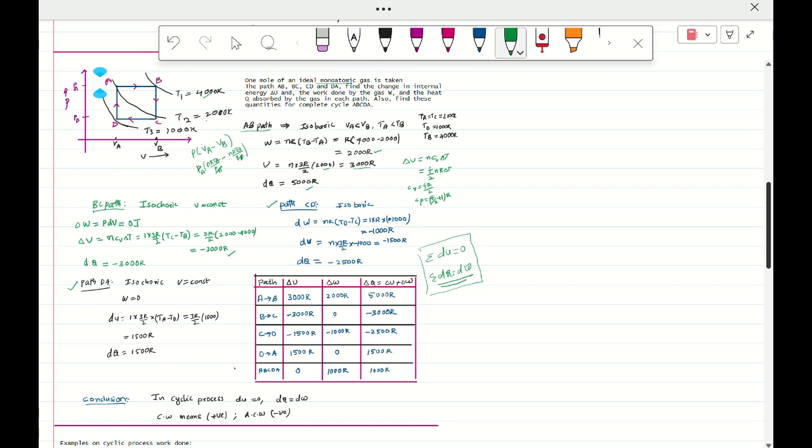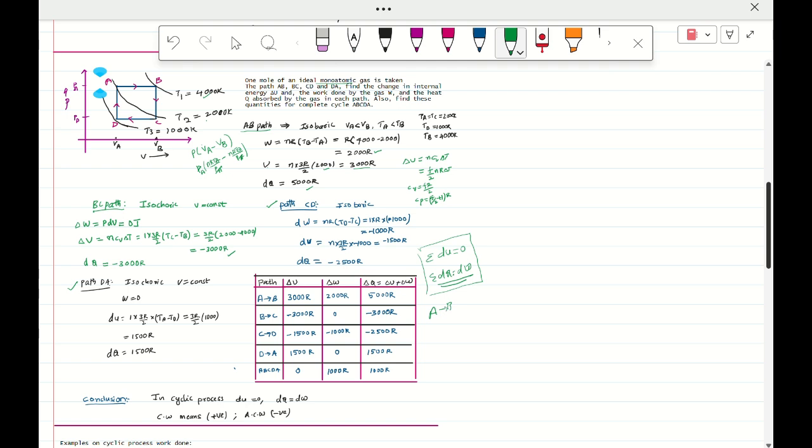Means ABC internal energy is not zero. If you see, A to B to C internal energy change is 0, and CDA also has internal energy change 0. And the Q values are not equal, right? This is 2000, meaning heat absorbed, plus 2000 will come.